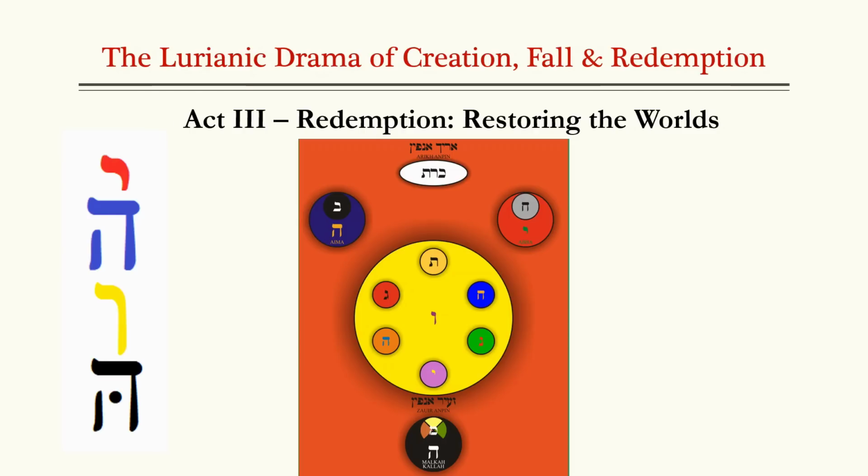Within each one of those 4 suits, you have king, queen, prince, princess: Yud, Hey, Vav, Hey. And those are the partzufim of Keter, Chokmah, Tiferet, and Malkut.